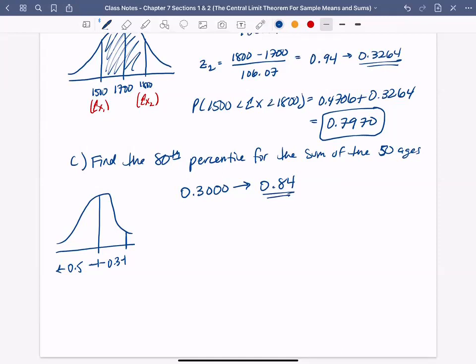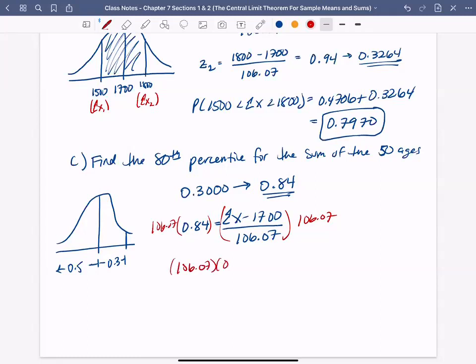Right, so because we have done all the hard work with finding the mean and the standard deviation, it seems a lot easier just to go through and say 0.84 equals the summation of x minus 1700, divided by 106.07. I'll show you how to do the math work of it. Multiply both sides by 106.07. I still leave it so I can get exact.